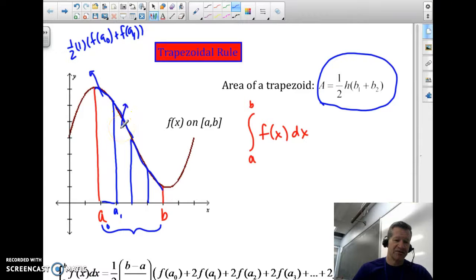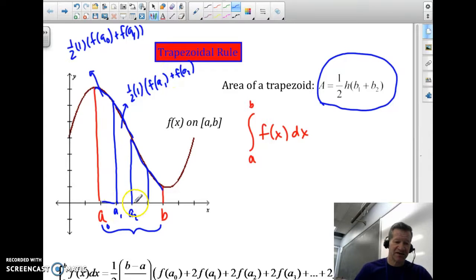Area of the second trapezoid would be also 1/2 times the height, but now the bases are the height at a sub 1 and the height at a sub 2. So times the bases, f of a sub 1 plus f of a sub 2.